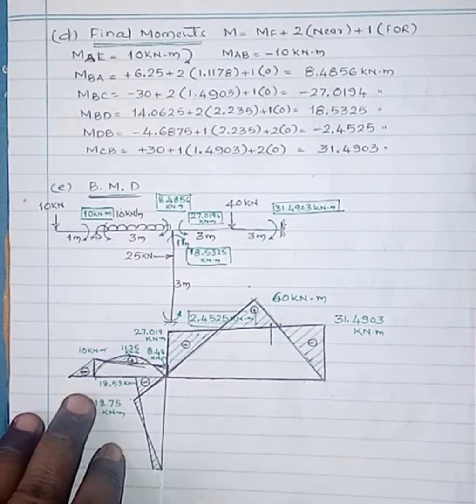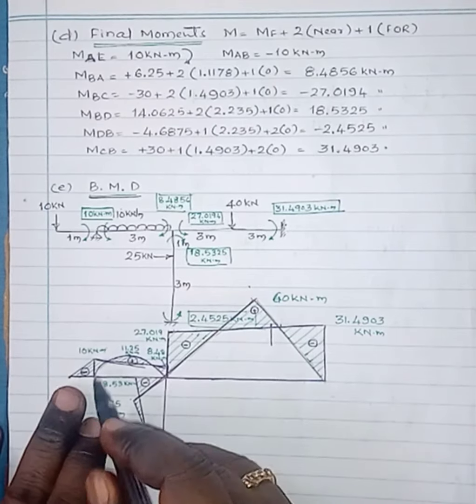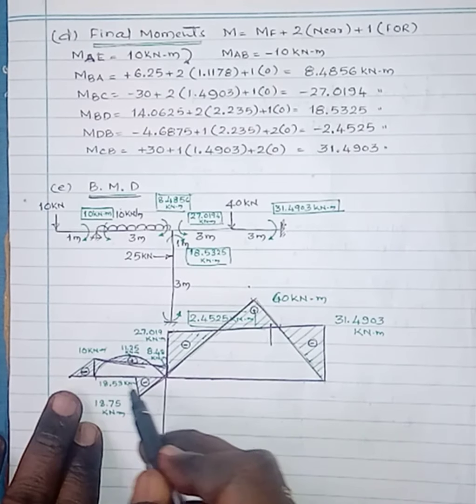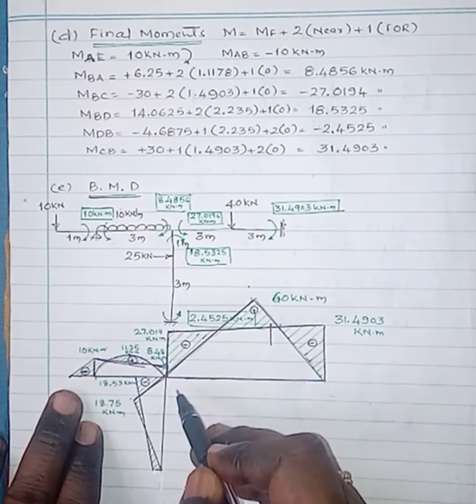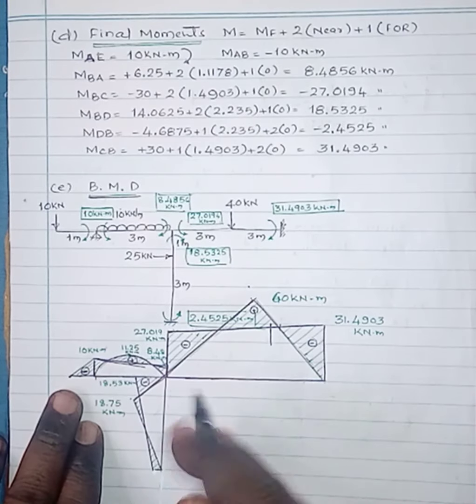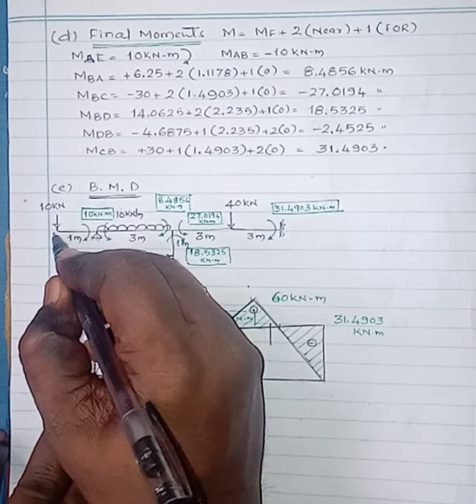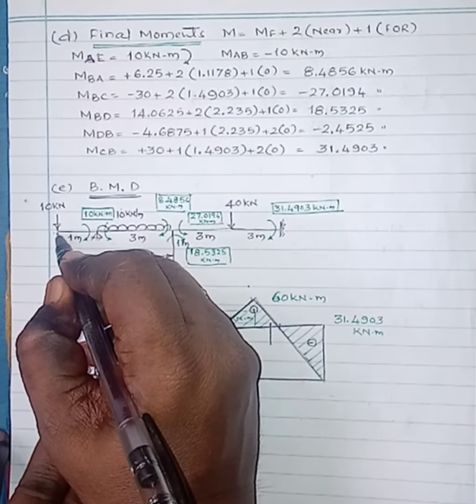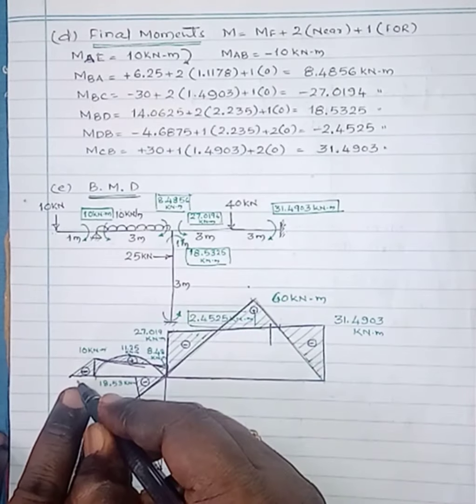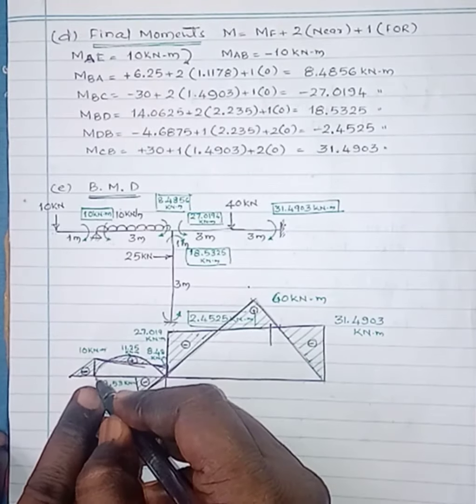Here first draw the datum line or reference line, this one and this one. Here at this point the bending moment is 0, 10 into 0, that is 0, then 10 into 1, that is 10.